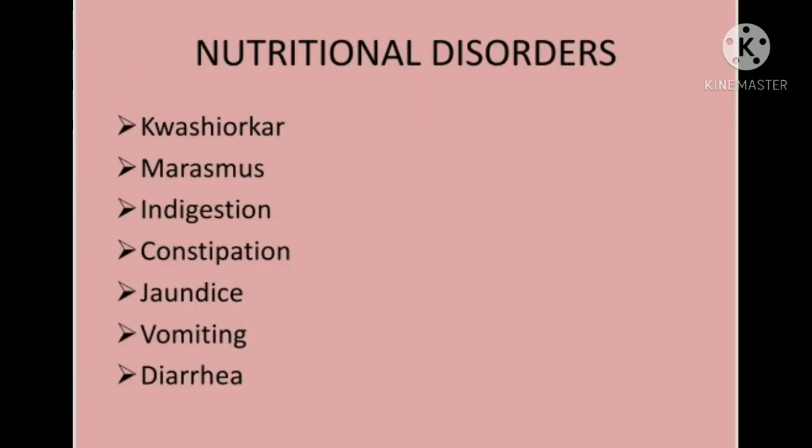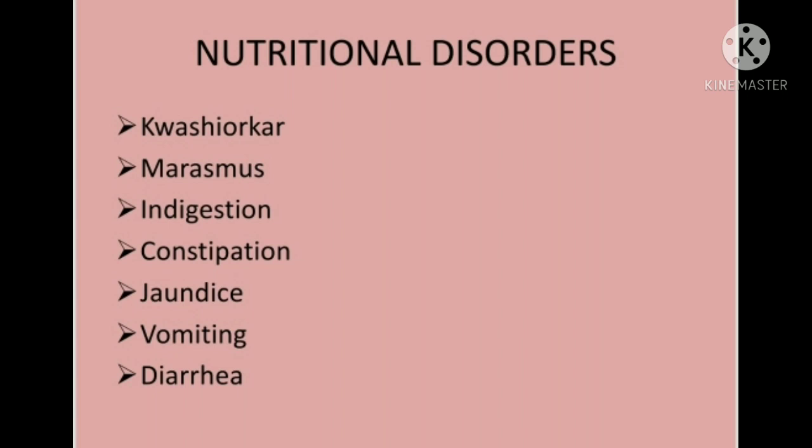Our second slide says about nutritional disorders. Now, what do you mean by nutritional disorder? A nutritional disorder is the disorder or the disease which occurs due to the lack of any of the nutrients. It can be protein, carbohydrates, fat, or sometimes any of the minerals.